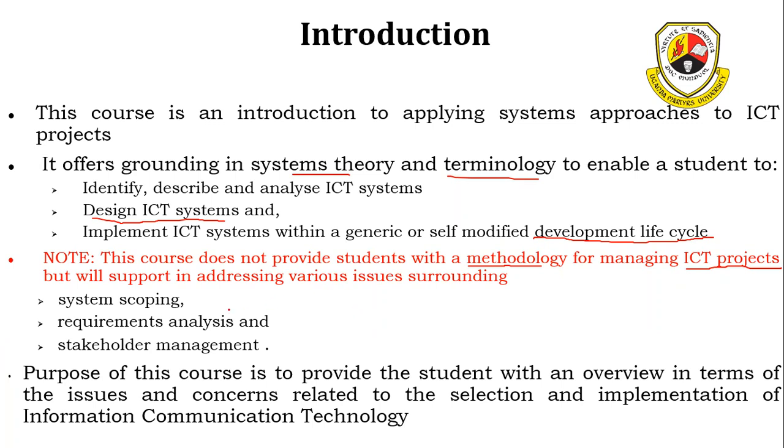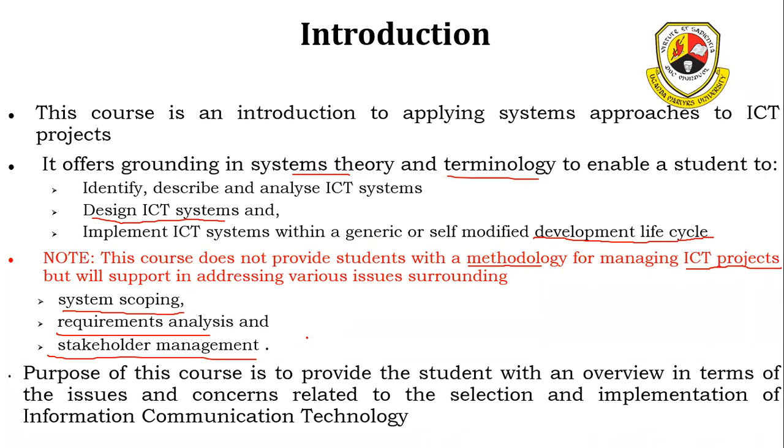What we shall be looking at essentially will be things like system scope, how far our system should go, requirements analysis, and stakeholder management. These are the key three points that we shall be looking for in any methodology that we want to use.